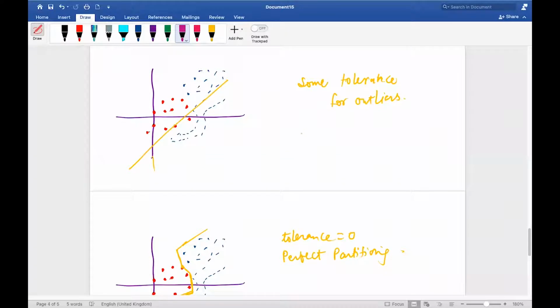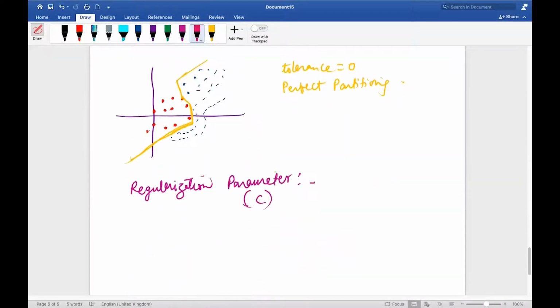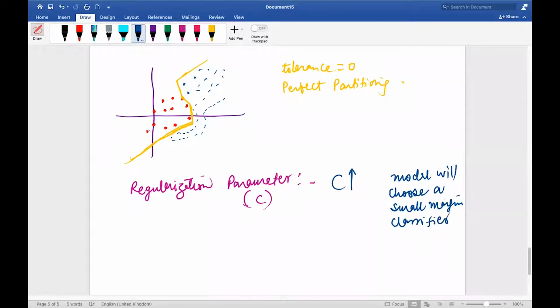I'm saying if this value of C is large, my model will choose a small margin classifier.